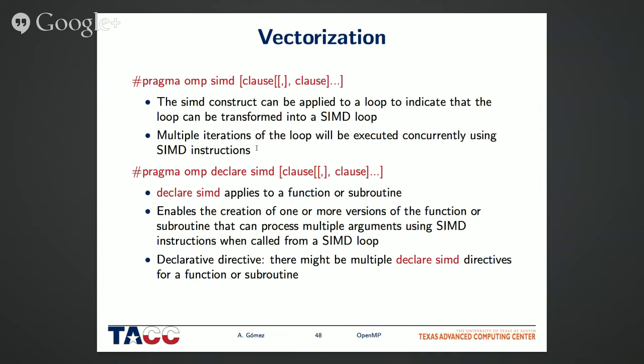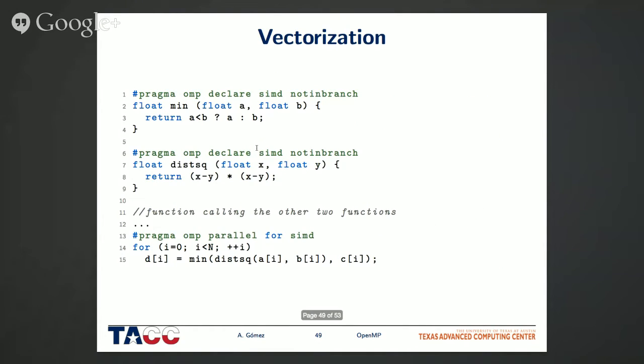So again, OpenMP is expanding and expanding. It's not just this shared memory threading stuff. Now it's much more than that. This is how we use vectorization in OpenMP 4. We can declare functions and say that these functions can be vectorized, meaning that they can be called from a vector operation.